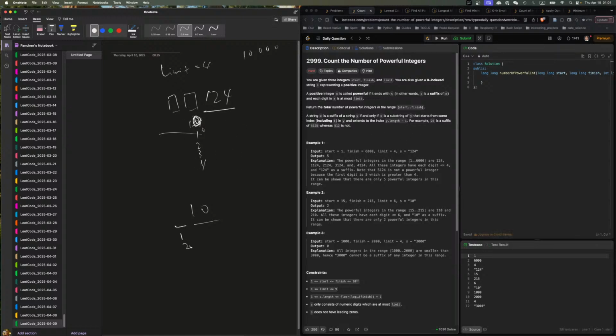Basically it's 0, 1, 2, 3, 4. Oh, 5, 6, all the way to 9. And then we'll have 10. Oh, let's do 20,000. Then we have 10 all the way to 19. Oh, limit is 4.